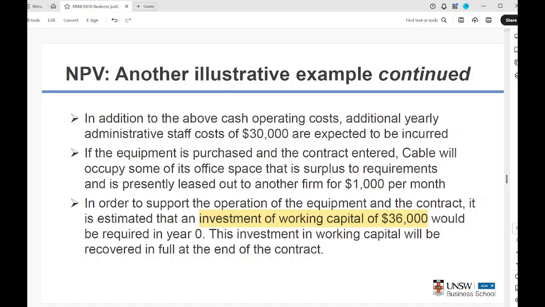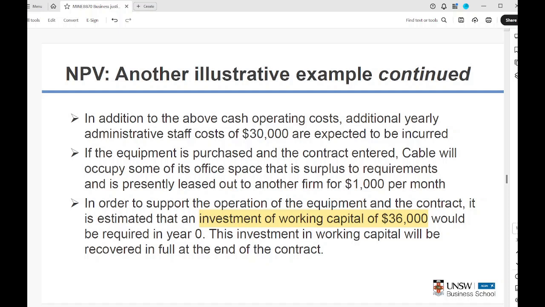So one of the things that we're taking into account in this example is that if we undertake the proposal, we estimate that we need an investment of working capital of $36,000. Now, working capital is usually considered current assets and current liabilities of a business.